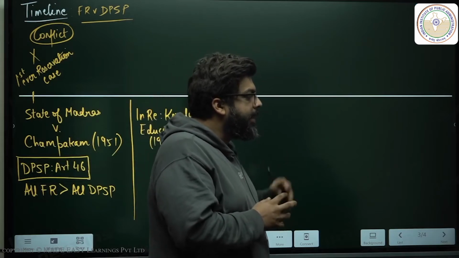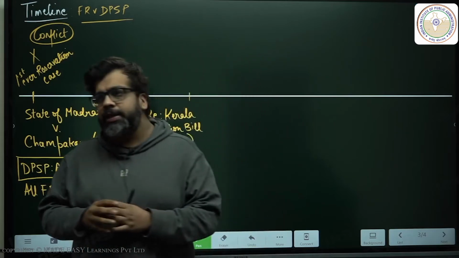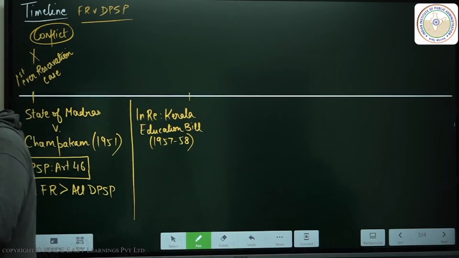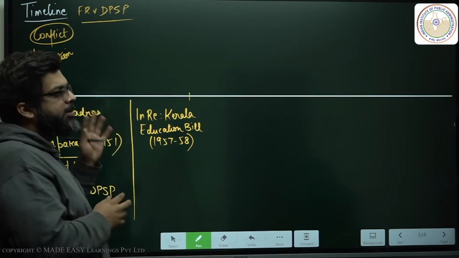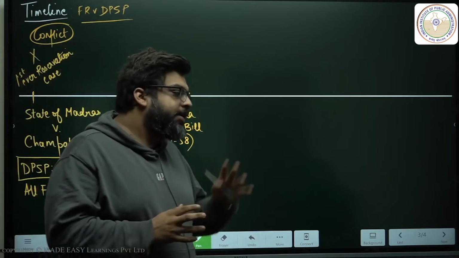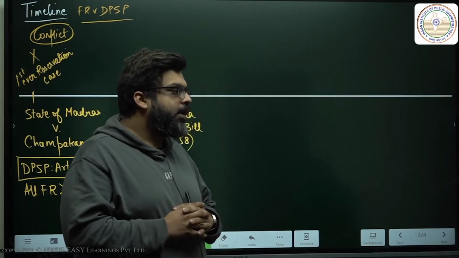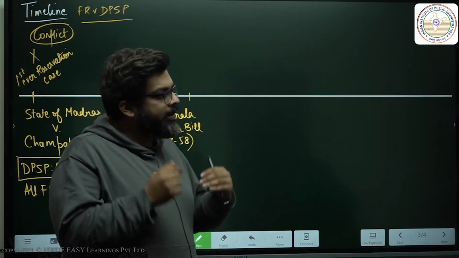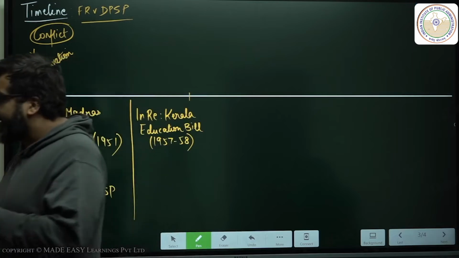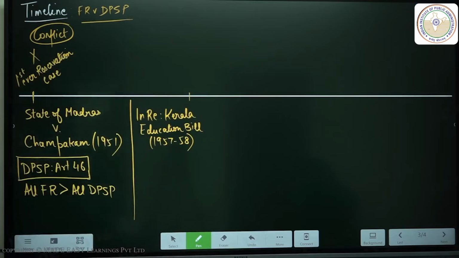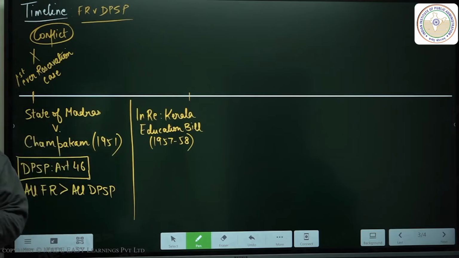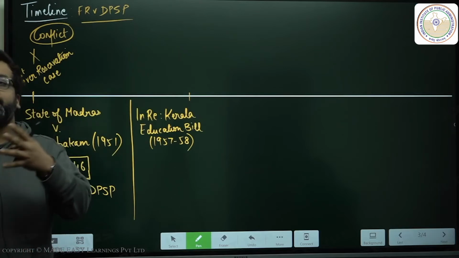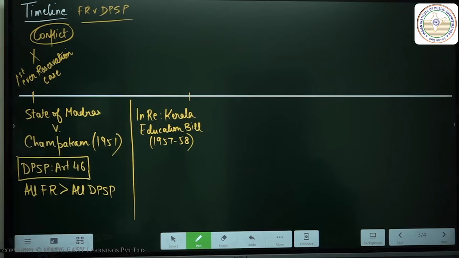So in 1957, the Communist Party, the CPI, had government in Kerala. And the Congress had partnered at that point of time with the Syrian Christian Church to sort of make a political alliance of sorts and raise questions against the government.